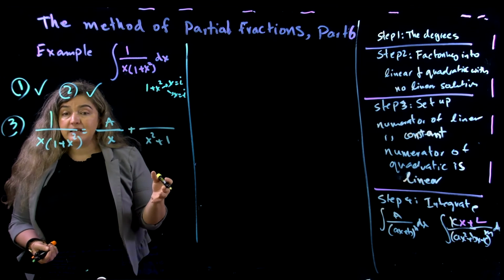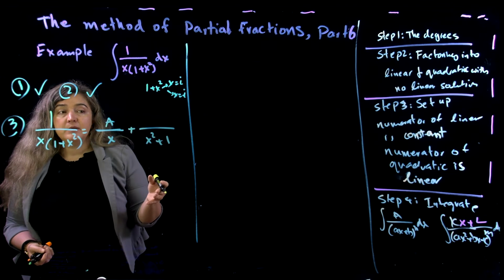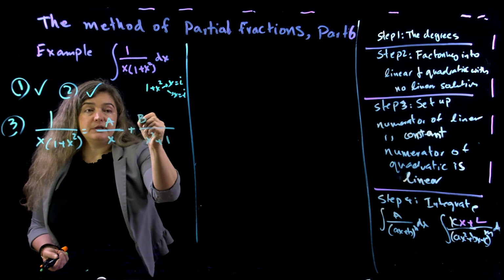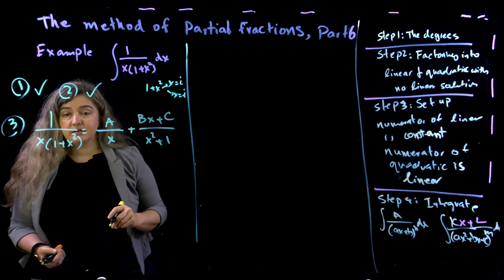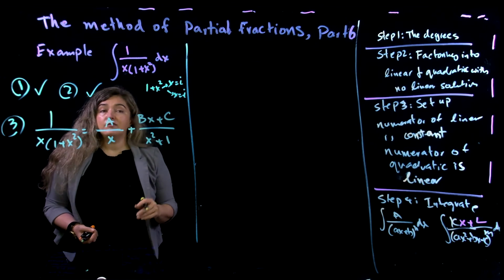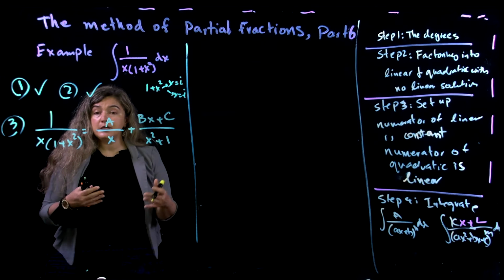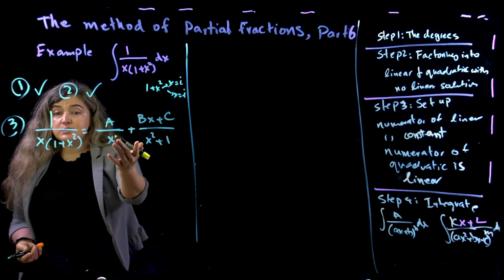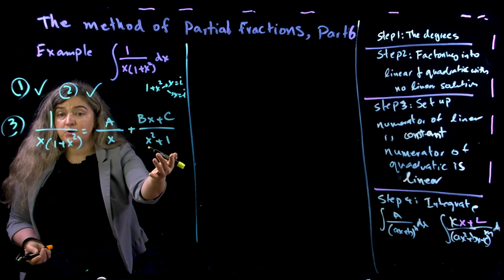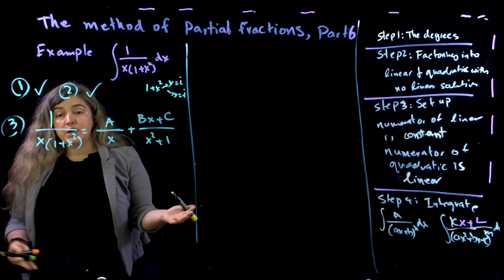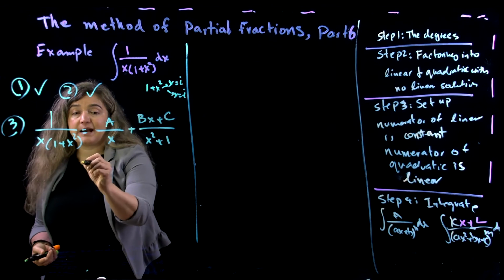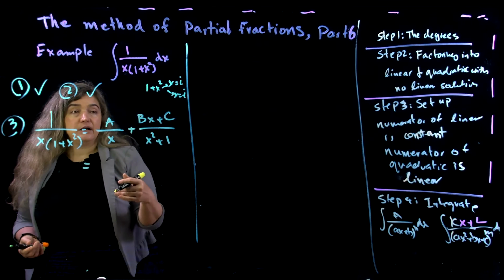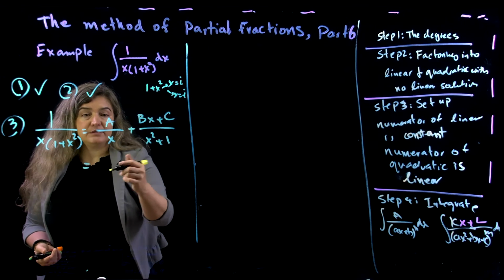And for quadratics, you want to have basically a linear numerator. So I'm going to put in bx plus c. And now from then, do the usual. Basically, I want to set this fraction equal to these partial fractions. So I add the partial fractions, and then I solve for a, b, c. Here it's c, not d.